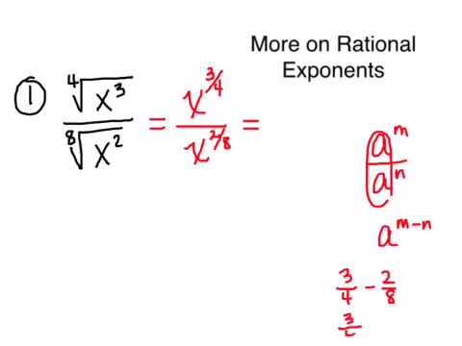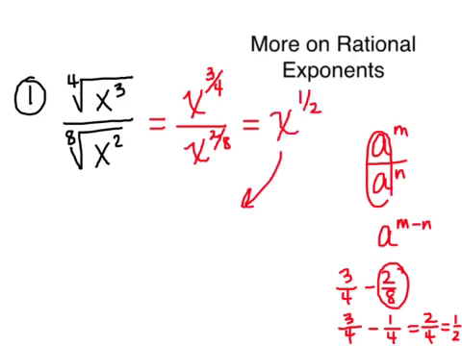Well, 3/4 minus 2/8 is the same thing as minus 1/4. Well, that leaves us with 2/4 if we subtract across the top and carry the denominator over, and then that reduces to 1/2.